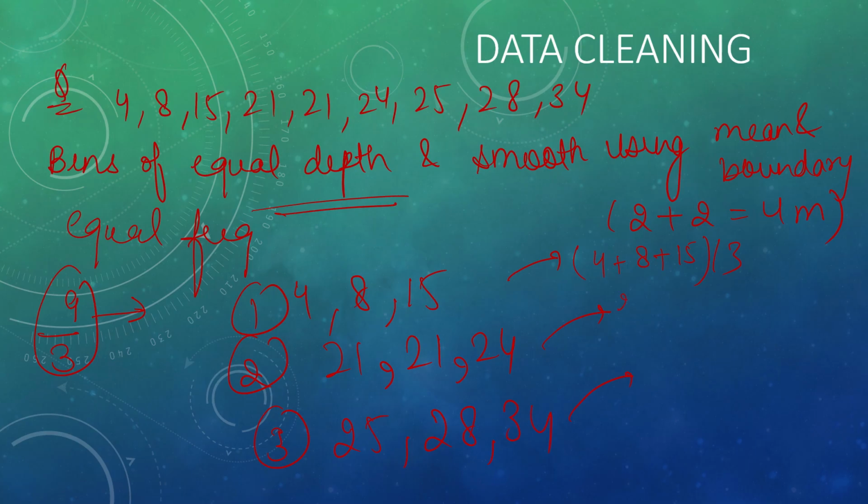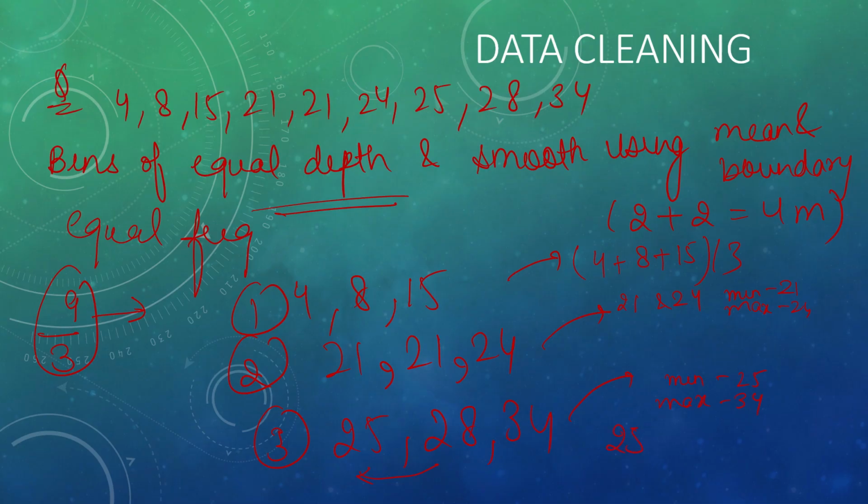Suppose you have 21 and 24. Minimum 21, maximum 24. I'll see in this case because this case is better. So 25 and maximum 34. Now 28 is closer to 25 or 34. It is closer to 25.